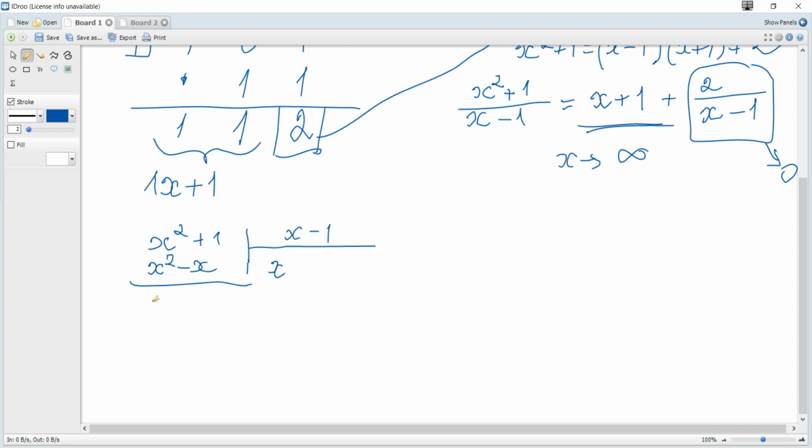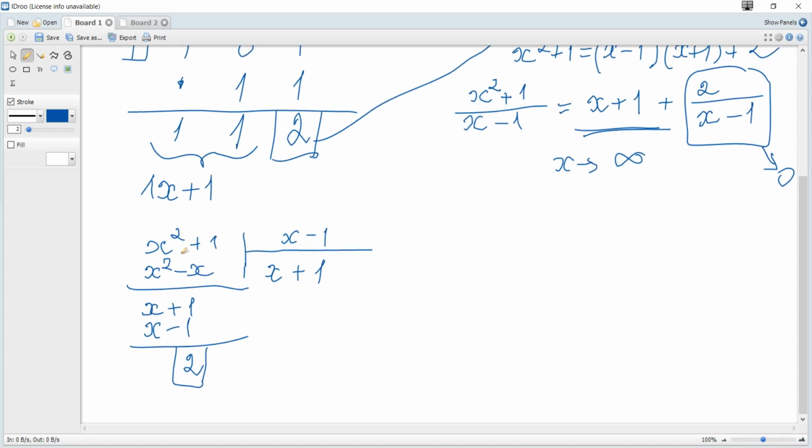I write x firstly, x plus 1, and the next I should choose such value so that when it is multiplied by x, I should get x, so it's 1, so 1 multiplied by x minus 1 is x minus 1, and again this row minus this row, so 1 minus 1, it's 2, and it's remainder.